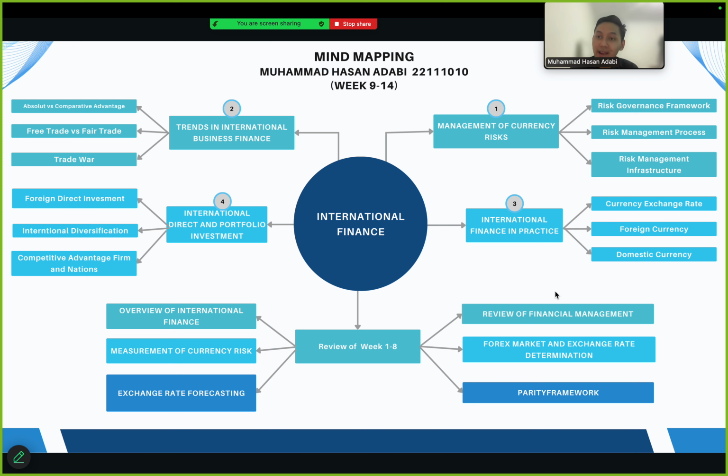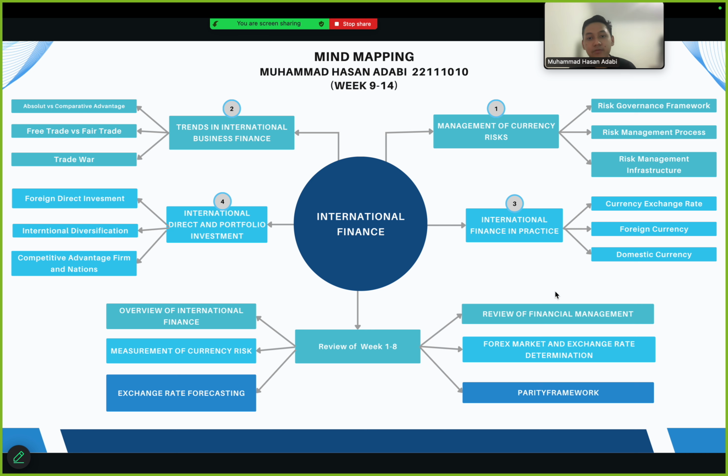The second one is free trade versus fair trade. In a simple way, free trade promotes open markets and removes barriers, while fair trade is focused on ethical standards, fair wages, and sustainability.